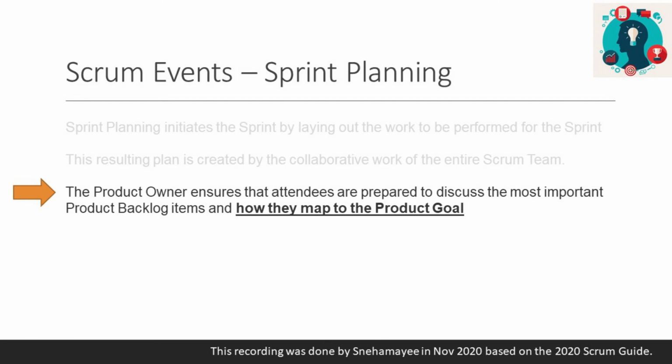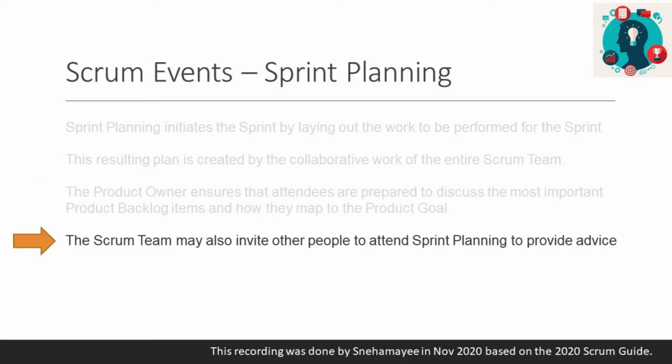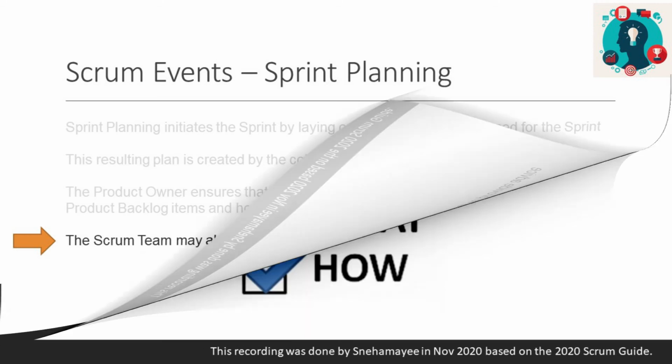The product owner ensures that attendees are prepared to discuss the most important product backlog items and how they map to the product goal. The Scrum team may also invite other people to attend sprint planning to provide advice.